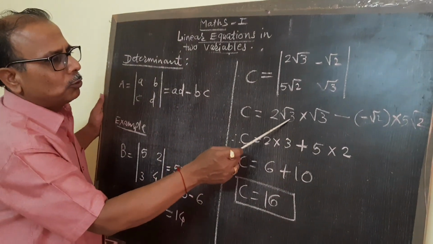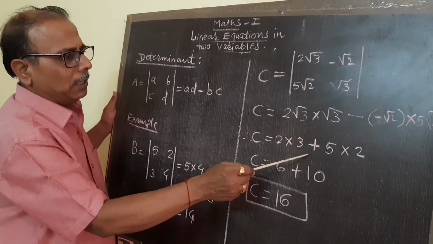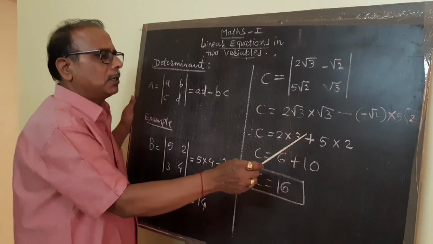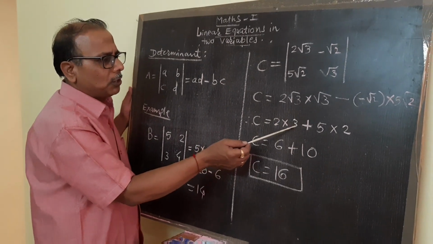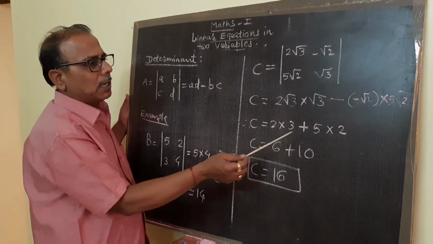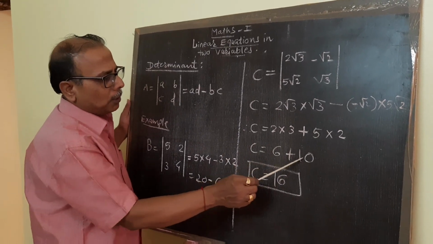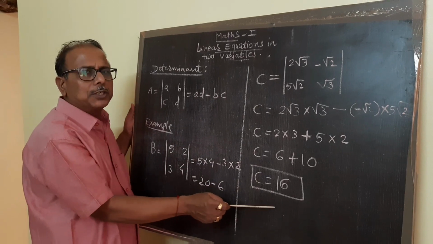The product root 3 into root 3 is 3, and 2 into 3 is 6, and minus times minus gives plus 5 into 2, which is 10. So their sum is 16. So the value of this determinant C is 16.